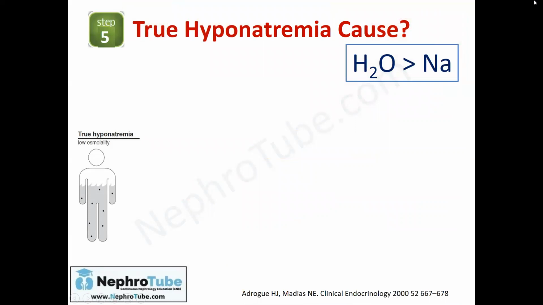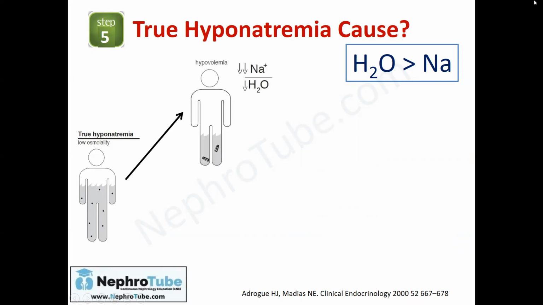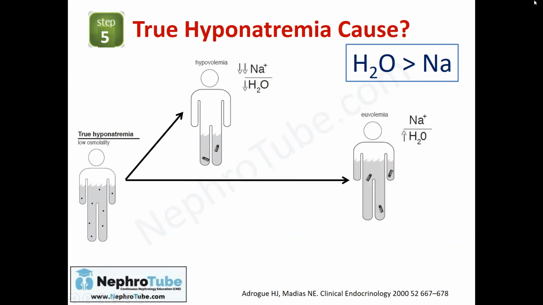As we said at the start of the lecture, hyponatremia is due to more water than sodium in the body. We have 3 types of true hyponatremia with low osmolality. First, the hypovolemic patient who lost water and sodium, but loses sodium more than water. That's why he is hyponatremic. The other is the euvolemic patient.